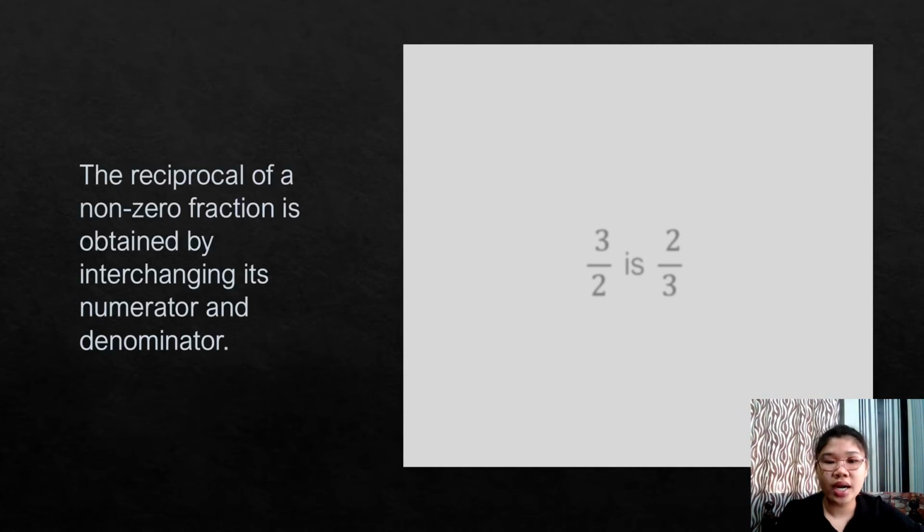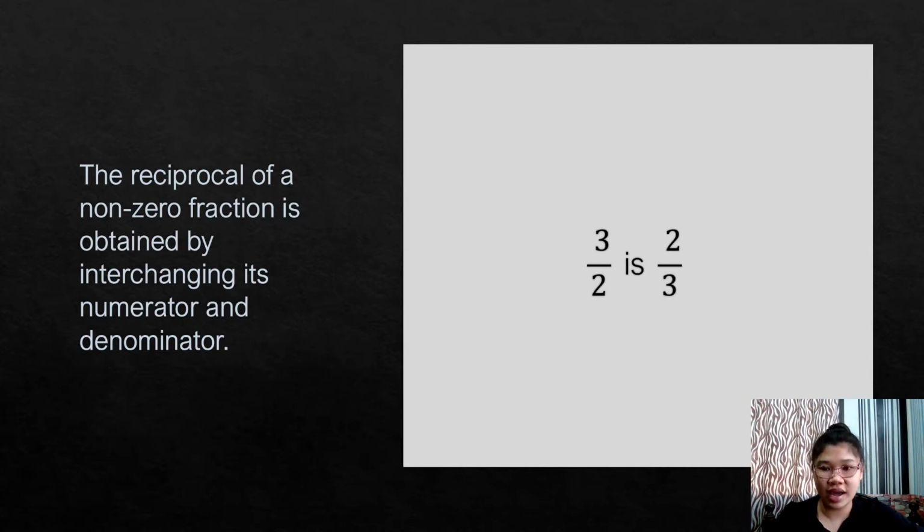So next we have the reciprocal. Probably reciprocal is new to you or not new to you. So to obtain the reciprocal of a non-zero fraction, this can be obtained by interchanging its numerator and denominator. As an example, we have here 3/2.